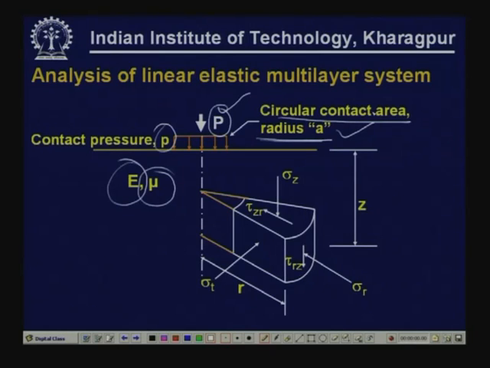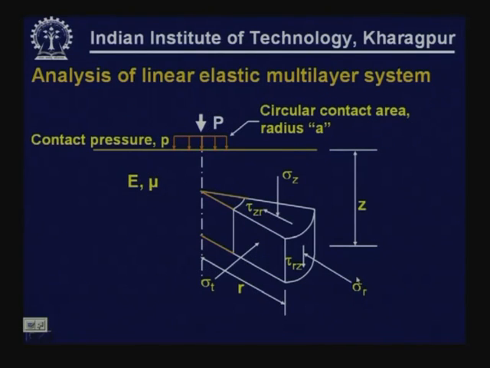So, if you consider an element at a depth z and at a radial distance r, there would be three normal stresses: sigma z, sigma radial along the radial direction, and sigma tangential along the tangential direction, and also one shear stress.